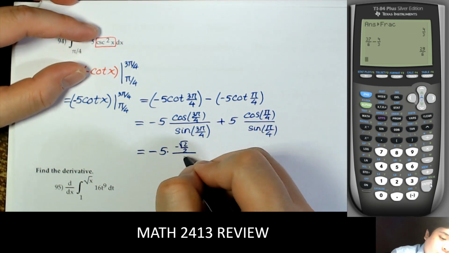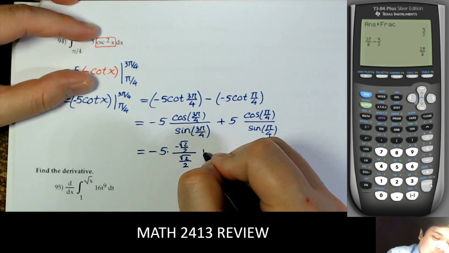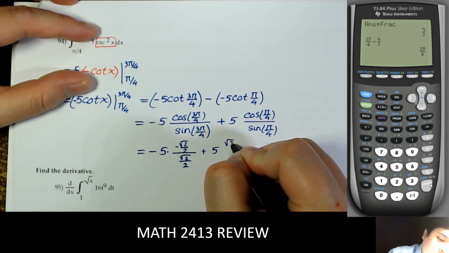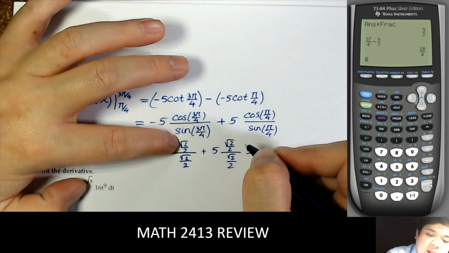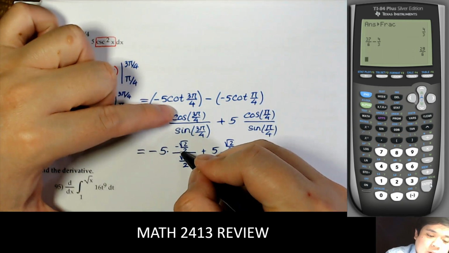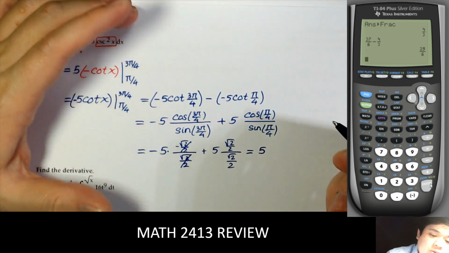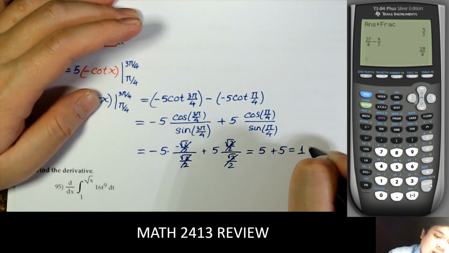Sine of 3 pi over 4 is also square root of 2 over 2, but positive. And then 5 square root of 2 over 2, square root of 2 over 2. So pretty much we have negative and negative. So it's going to be positive 5, and square root of 2 cancels square root of 2. So just 5. Same thing here. So that's going to be 10.